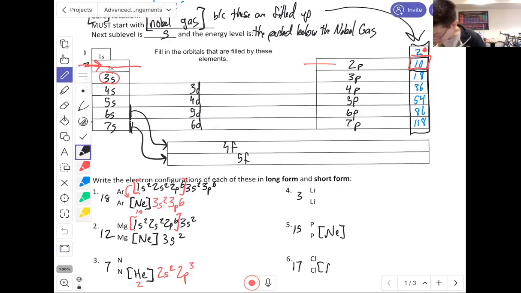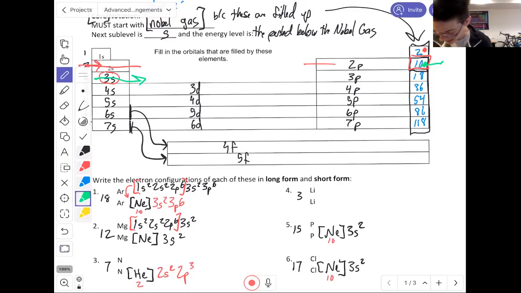Even though chlorine is right next to argon, you can't start with argon because argon already has more electrons than chlorine is trying to have. So both of these start off by storing 10 electrons. Looking at my periodic table, if I start at neon and scan over, my next thing to write has to be 3s. And they would both be 3s2, because 10 plus 2 is 12.